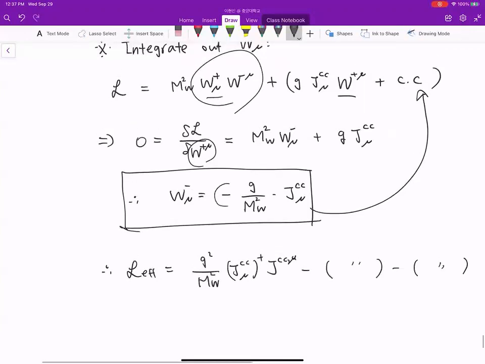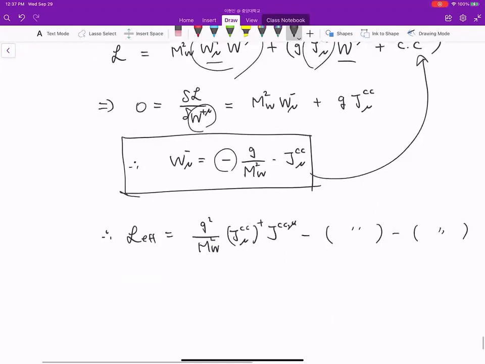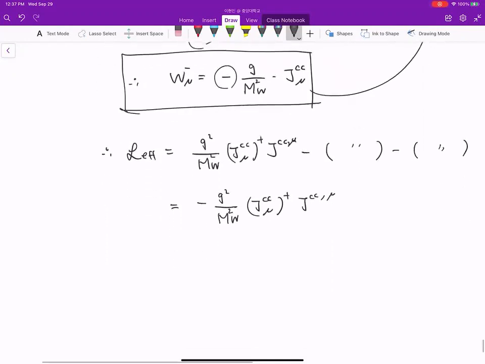Because of this minus sign here, when you put it back, the second and third terms give a negative contribution, so you end up with this. Then the charged current contains a square root of something, and you write this.